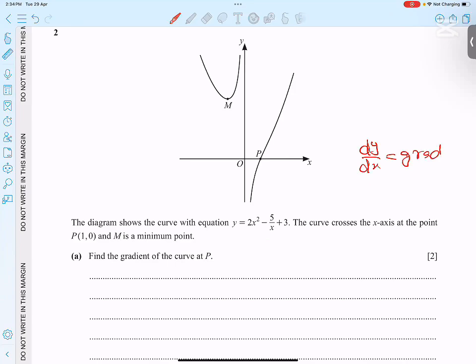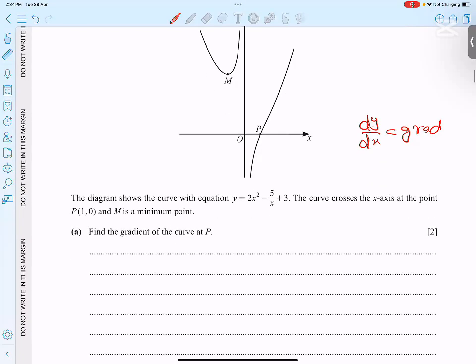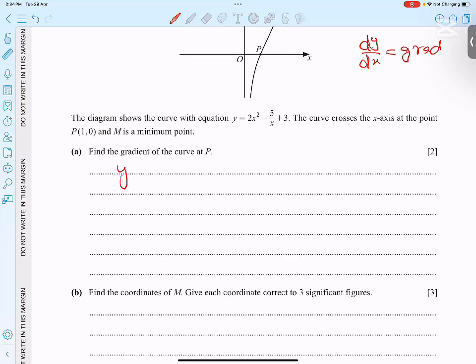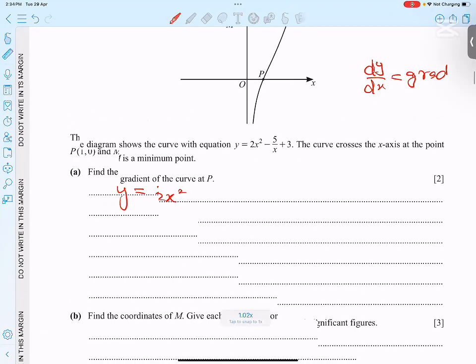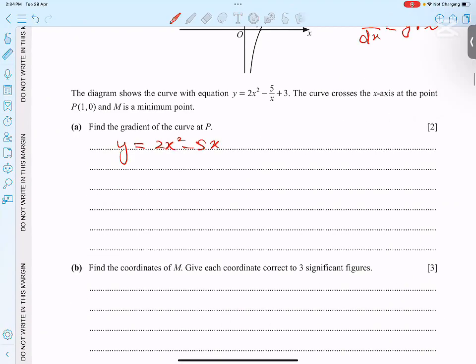So I will differentiate first of all. Can I differentiate directly? No way. We have to rearrange: 2x square and negative 5x go up and become a negative power, because when something goes up or down, the power sign changes. Now I'm differentiating, students.